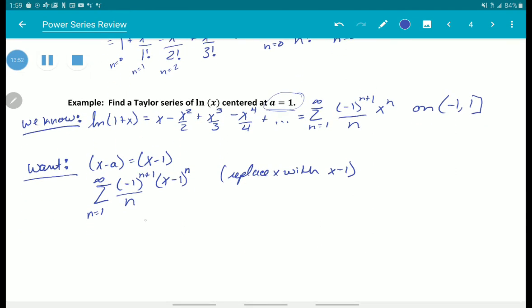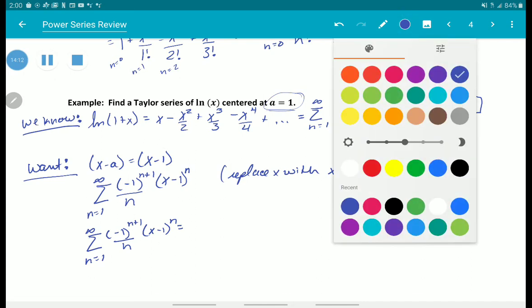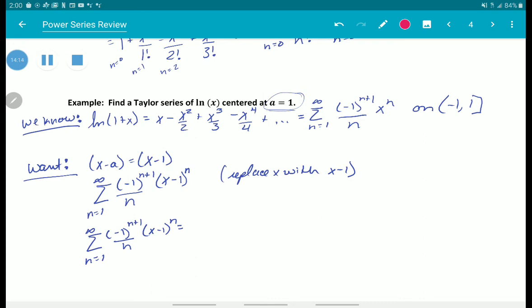So check out what's going to happen here. If we do that here, I'm going to recopy so everything's on the same line. So we replaced x here with x minus 1.